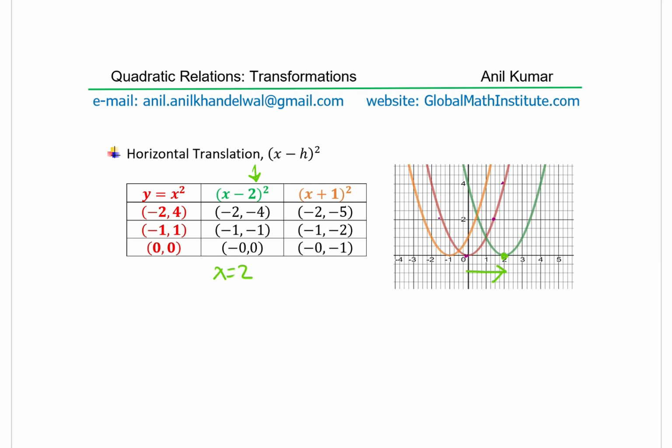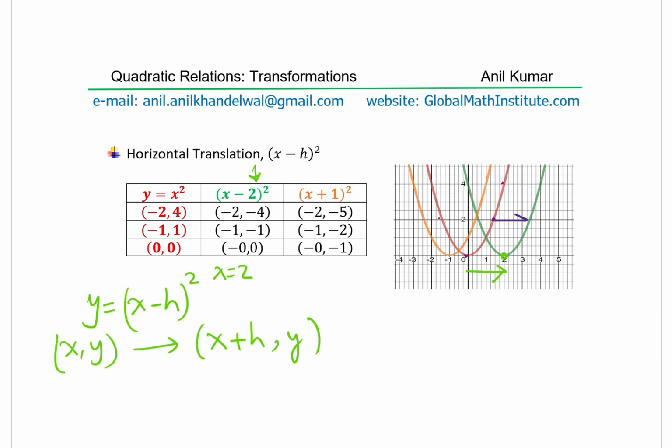Right. So the translation now happens because of the equation y equals x minus h whole squared. So in this case, the points which were x and y now change to x plus h and y remains the same. It is a horizontal translation. You get my idea. So the graph actually moves 2 units right if we have x minus 2.